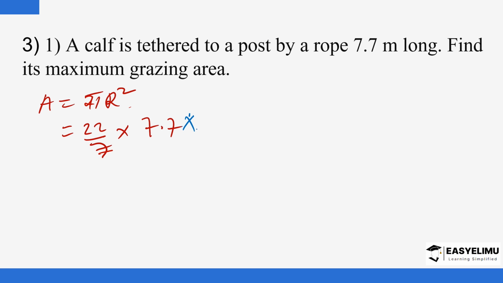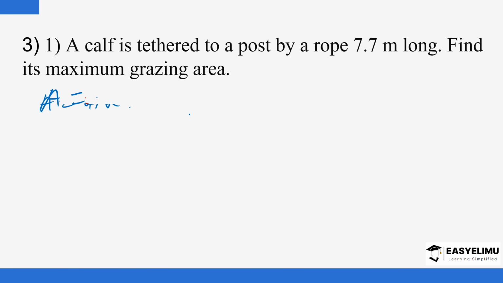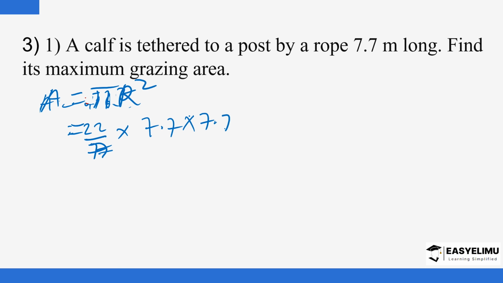So 7.7 times. So we have area is equal to pi r squared, and 22 over 7 times 7.7 times 7.7.